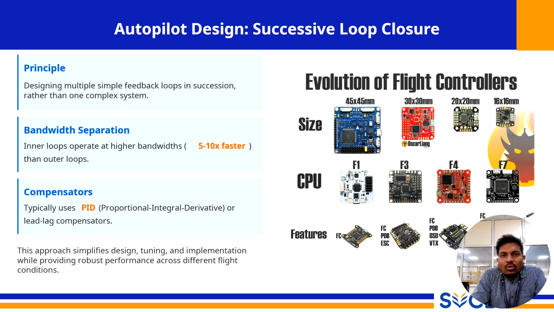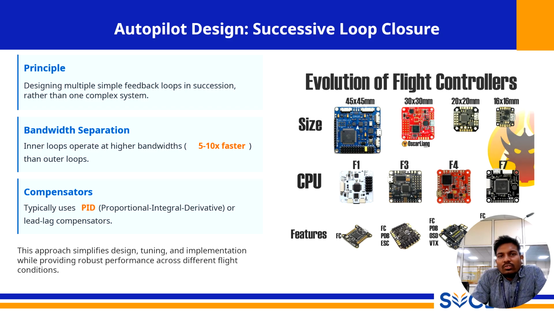controls the drone's roll and pitch angles. It can be slower because it relies on the inner loop to handle the rapid stabilization. The outermost loop, which might control the MAV's position or altitude, can be slower still.